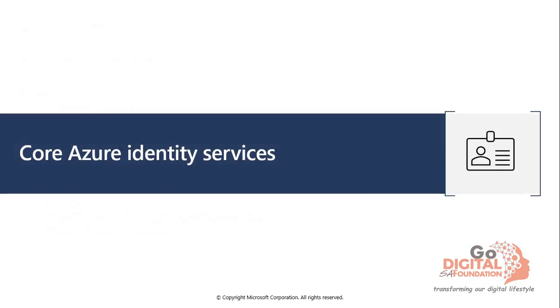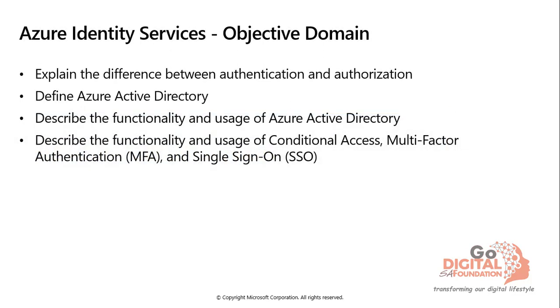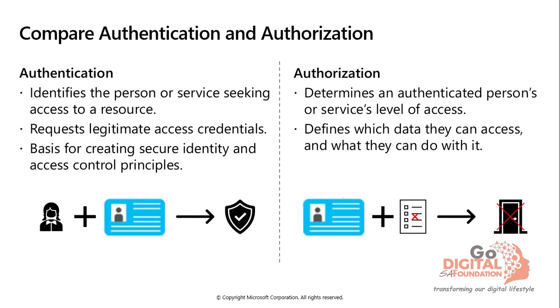Okay, let's continue. So the first domain that we're gonna look at will just focus on the Azure identity services. So let's compare authentication and authorization. Authentication identifies the person or service seeking access to a resource, and then it requests legitimate access credentials.